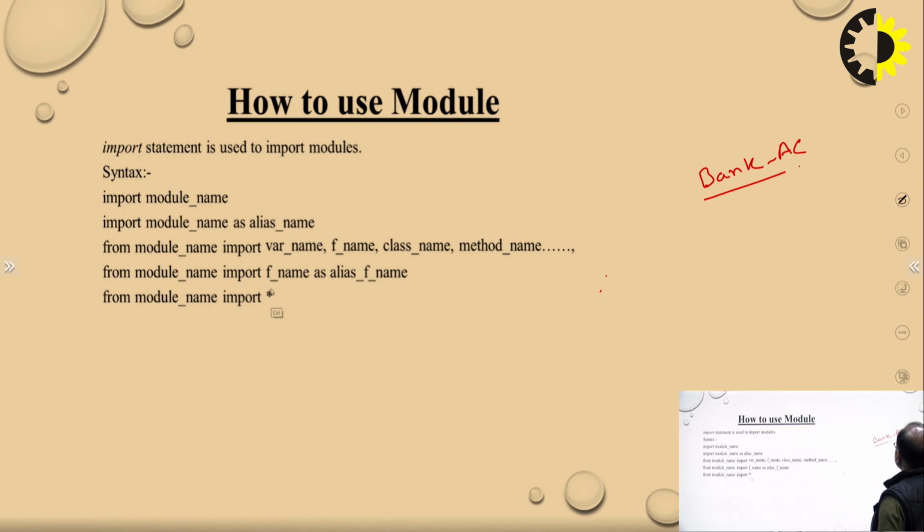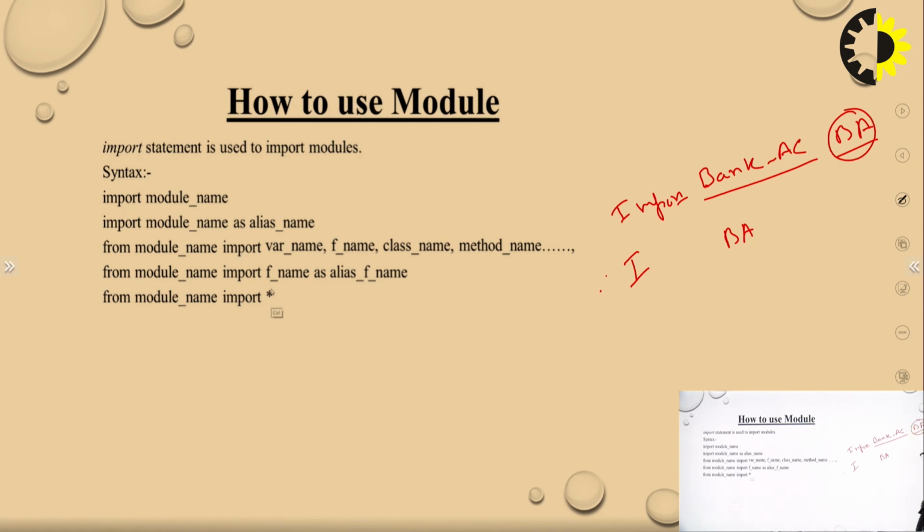Instead of writing bank account, we can write BA. So we can write import bank_account as BA. This is not fixed; we can write BA only, or AB, AC, anything. This is the short name.